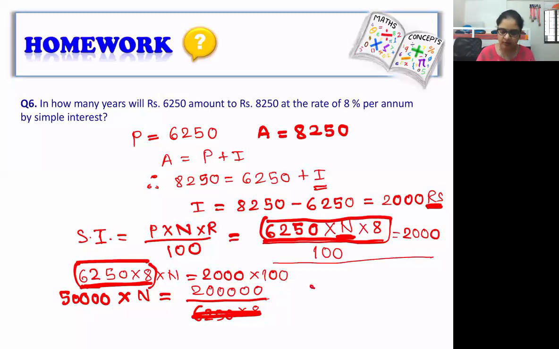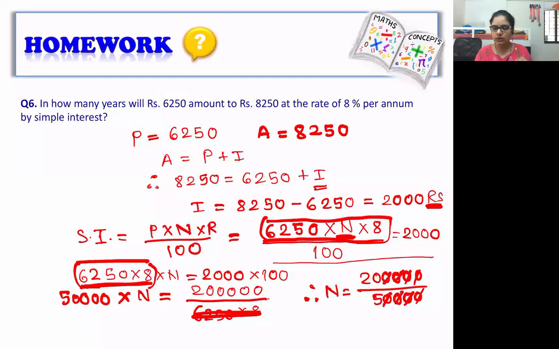Therefore N will be equal to 2 lakhs divided by 50,000. So you can cut the zero. Remember, when you cut zeros, you have to cut one 0 from the numerator and one 0 from the denominator. Two zeros, third 0, fourth 0.